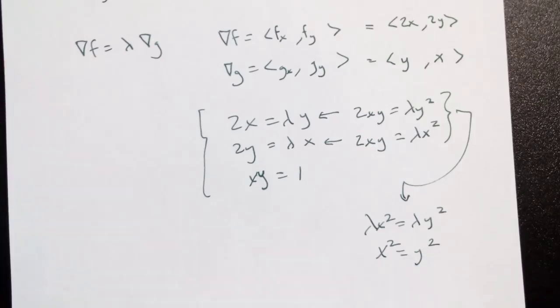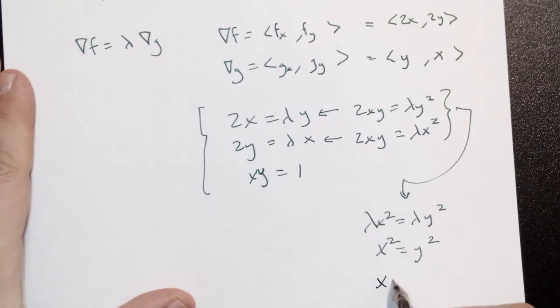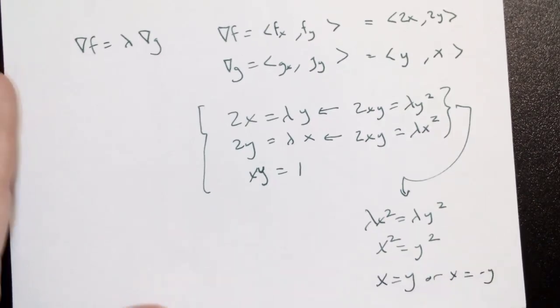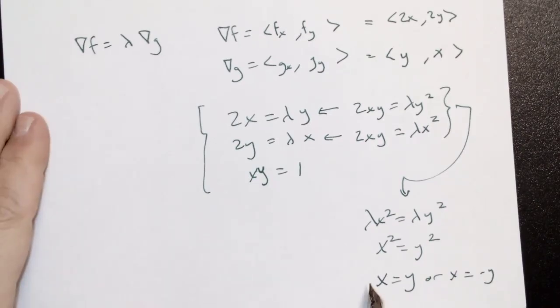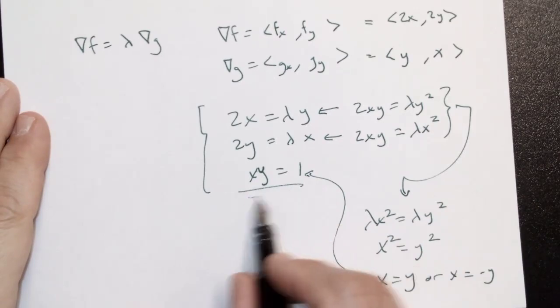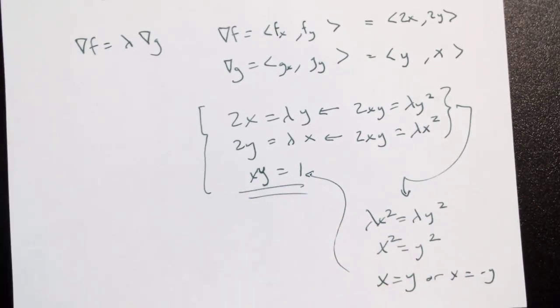What happens if you take a square root there? Plus or minus, right? Because when I take a square root, I get a plus or minus. X equals y, or x equals negative y. But wait, I have an equation I haven't used yet. This one. So what happens when I go to that equation?